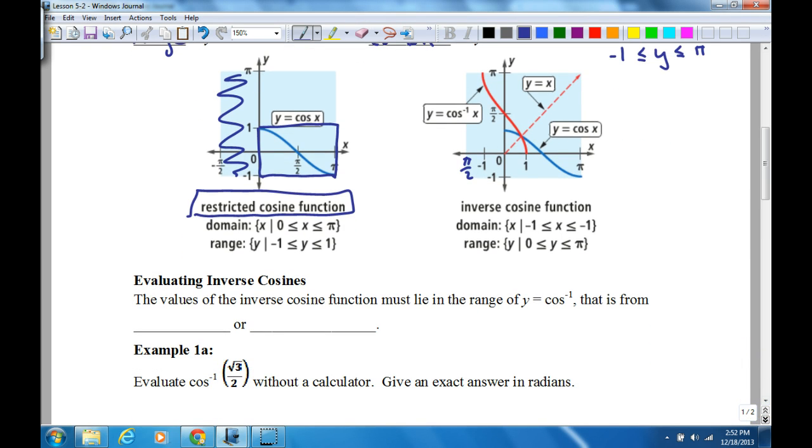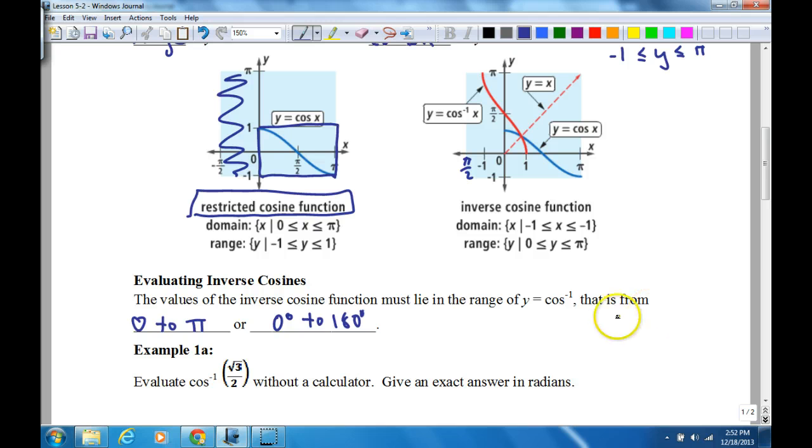Okay, evaluating inverse cosines. The values of the inverse cosine function must lie in the range of y equals cosine to the -1. That is from 0 to pi. So it's restricted, or from 0 to 180 degrees. Yep, so one's in radians and one's in degrees.